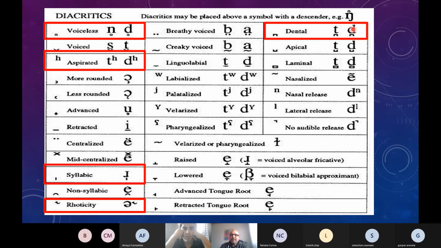So how can we represent that the sounds t and d are produced a little bit lower, closer to the teeth, using this diacritic, which says that the sound has been dentalized.